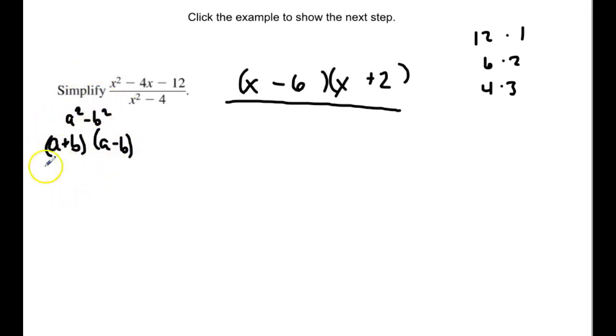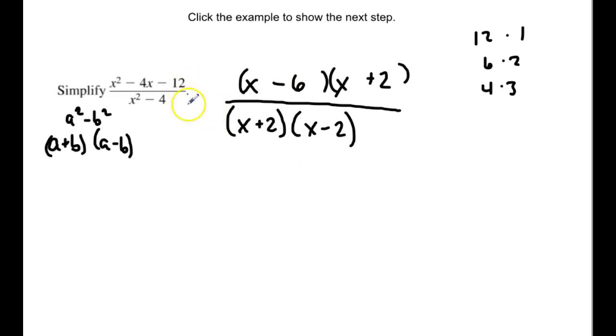Some of you may or may not remember this, but we will use it very often, so make sure you have it written down. My a is going to be x, and the square root of 4 is 2. So I'm going to end up with x plus 2 times x minus 2.